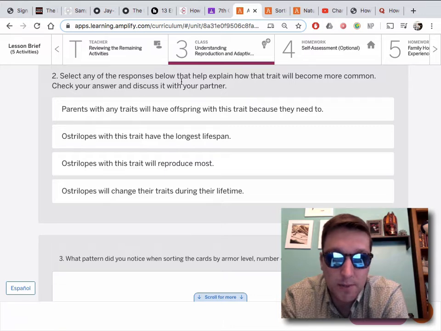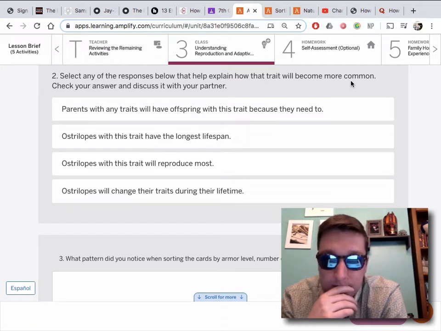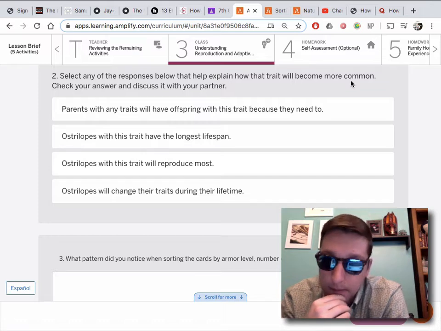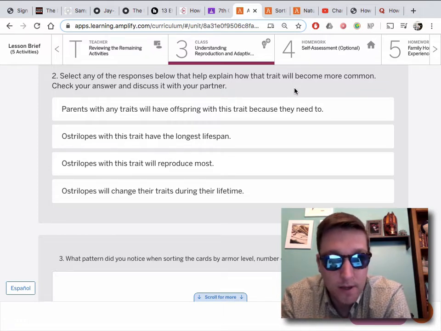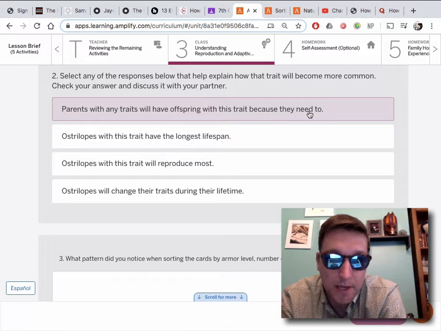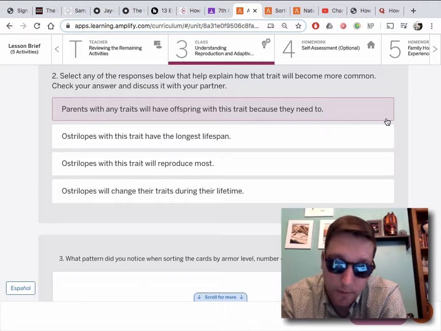Select any of the responses below that help explain how the trait will become more common. So this is testing how well you understand natural selection. How do traits become more common? It's usually not because of need. Parents with any traits will have offspring with this trait because they need to.